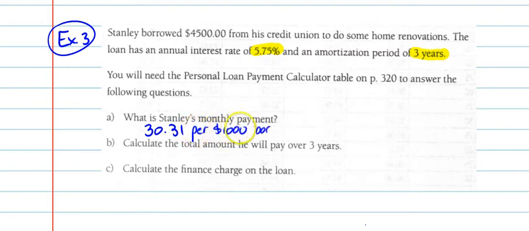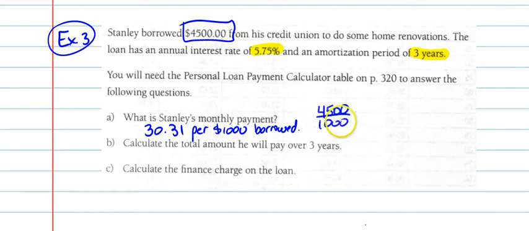So the simple way to change that, depending on how much you borrowed, is to put the amount you borrowed, divide it by 1,000, and then multiply by the number that you get in the chart based on your interest rate and amortization period.